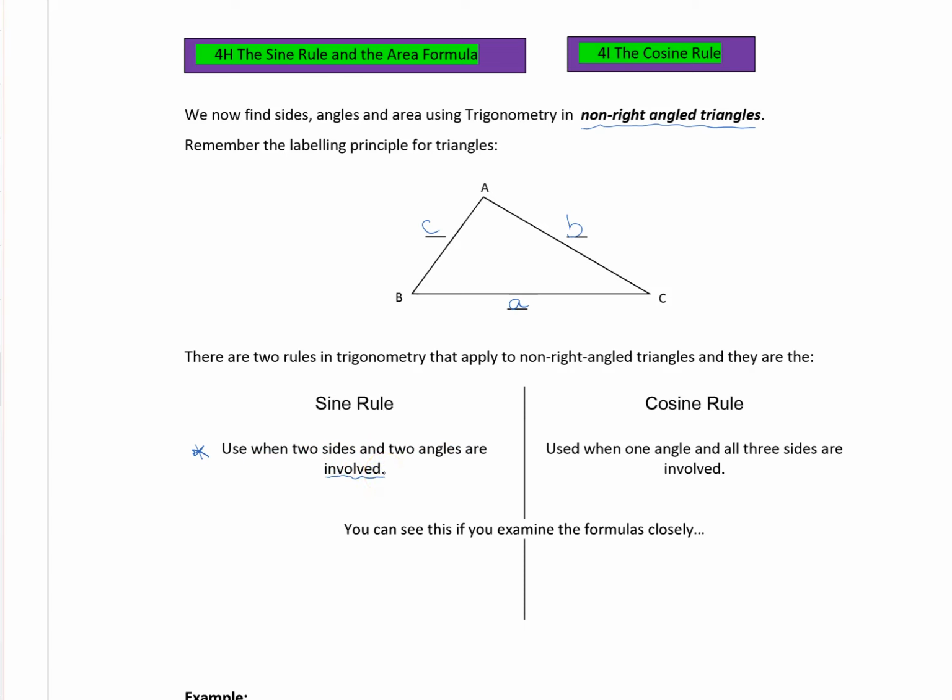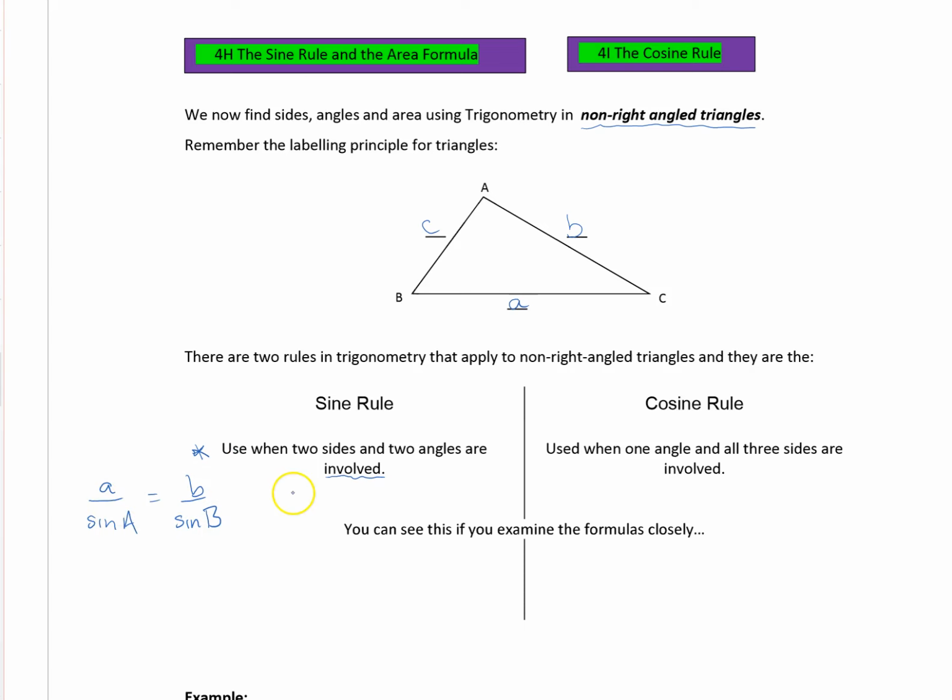You might be thinking, what does this involved mean? Well, if I write the sine rule, there are 4 components: a side and the angle it's opposite, another side and the angle it's opposite. So you can see that 2 sides and 2 angles occur in the formula.